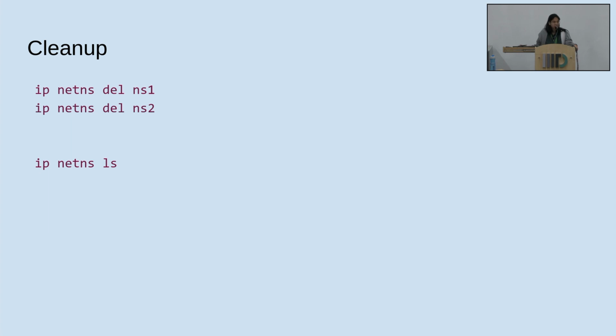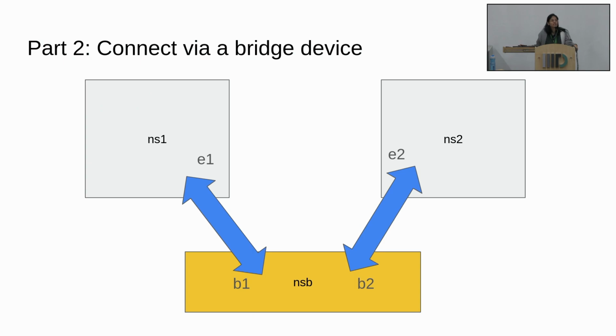Right, so once you've deleted the network namespaces, as Chandra said, till now we just created one veth pair and got it connected. So it's okay if you just want to connect two containers. But on your machine itself, you can have 10 or more containers based on your resources, and you want to connect them all together.